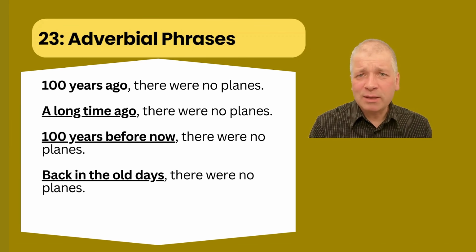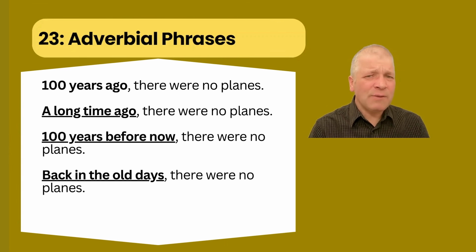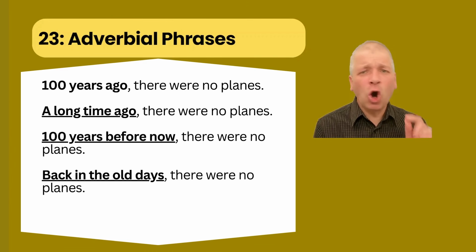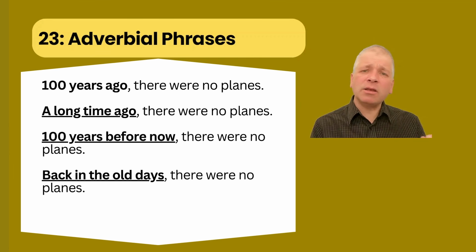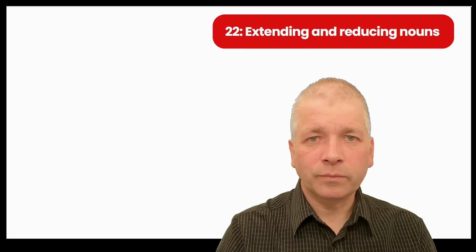Back in the old days, there were no planes. And what you need to know to reach an advanced level of English is a range of different possibilities for adverbial phrases, not just one-word phrases such as lately, recently. You need to know that adverbial phrases can be many words long, and there are different ways to do it.